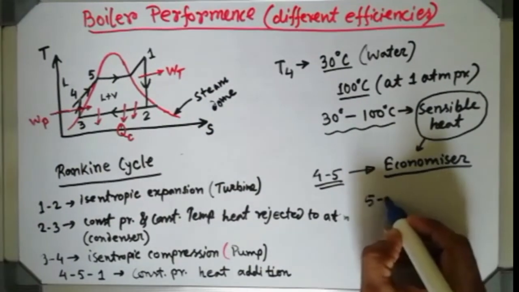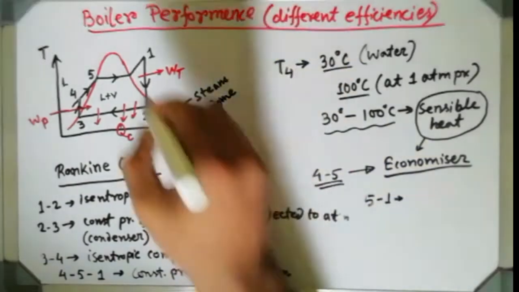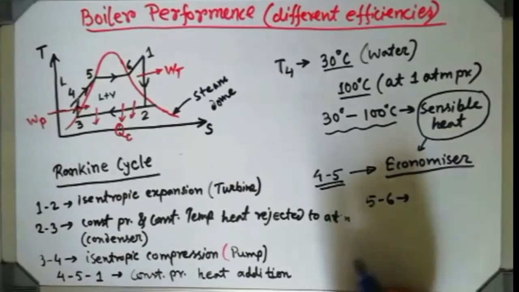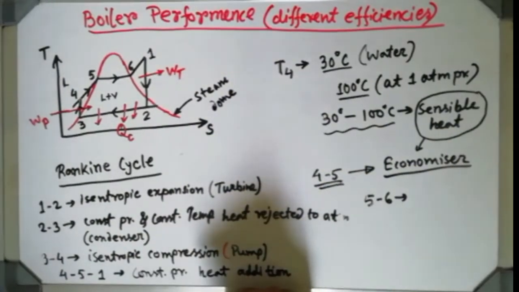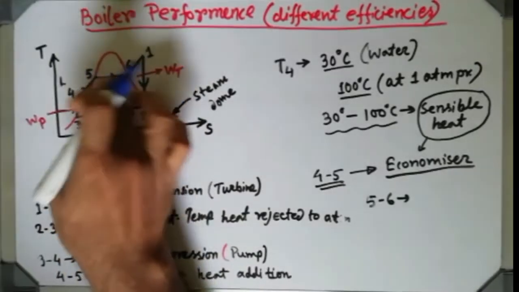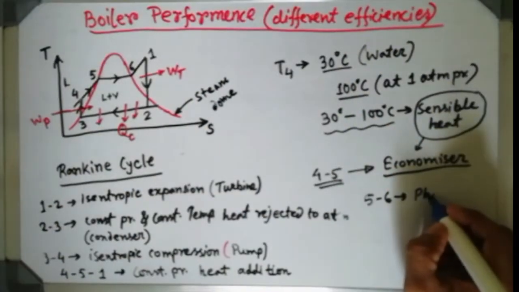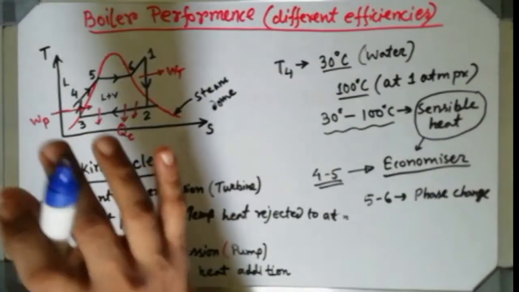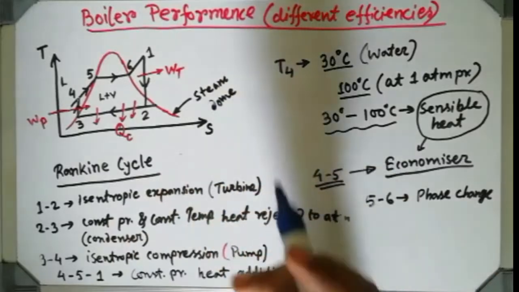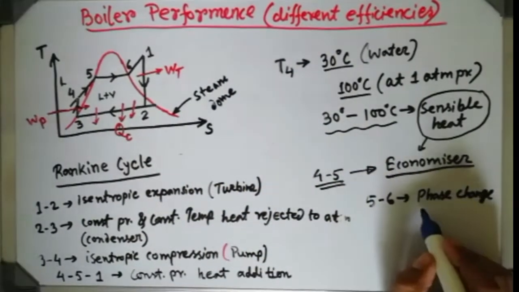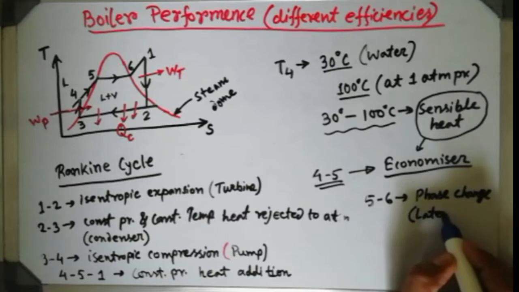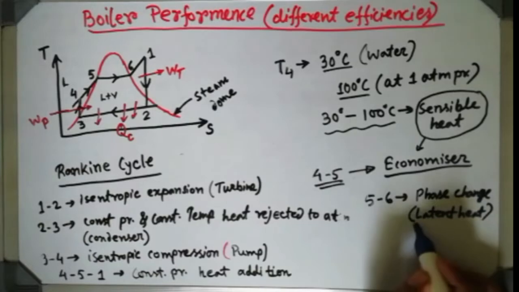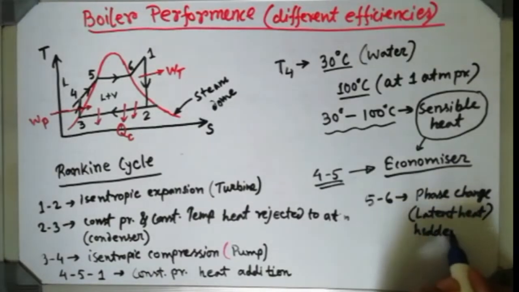Then coming to 5 to 1, I am putting a name over here, 6. First comes 5 to 6. What actually happens there? It is the phase change process, we all know. Inside this 5 to 6 process, the actual phase change occurs from liquid to gaseous, and the heat supplied at that time is known as latent heat. Latent heat means hidden heat, because that heat cannot be measured.